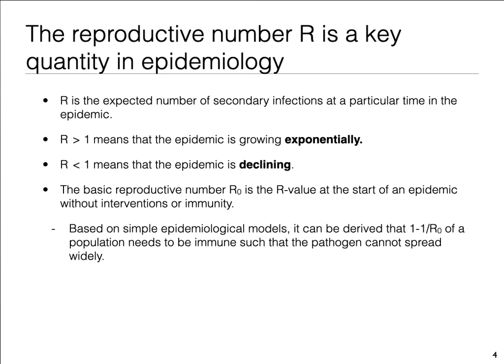Based on simple but very powerful epidemiological models, one can derive that 1 minus 1 divided by R0 of a population needs to be immune such that the pathogen cannot spread widely, meaning such that the R value at that particular point in time is below 1.